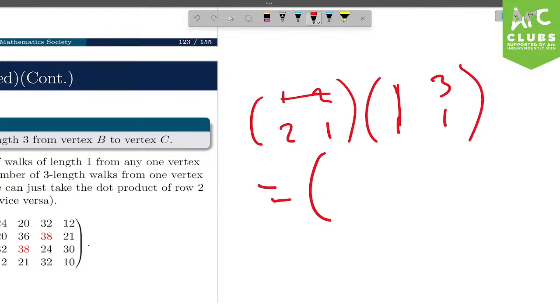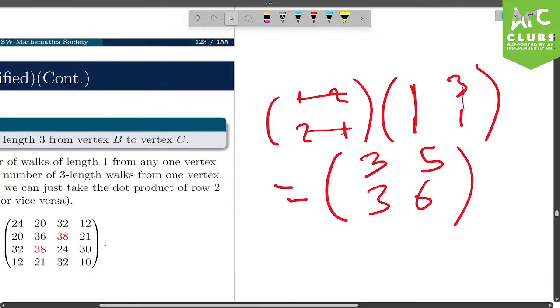So that's 1 times 1 plus 2 times 1. If you wanted to get first row, second column, that's 1 times 3 plus 2 times 1, so that's 5. And then you keep doing that. For row 2, column 1, multiply row 2 and column 1. That's 2 times 1 plus 1 times 1. And for this last element, 2 times 3 plus 1 times 1, 7. So this is matrix multiplication.